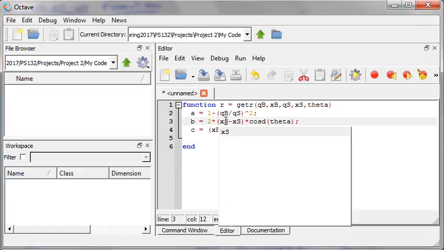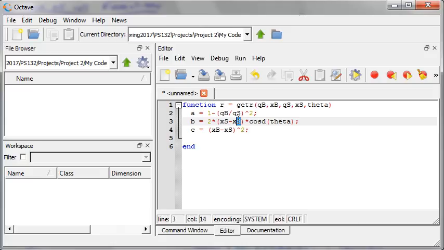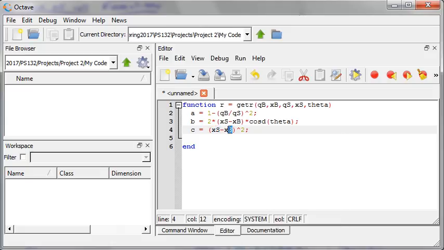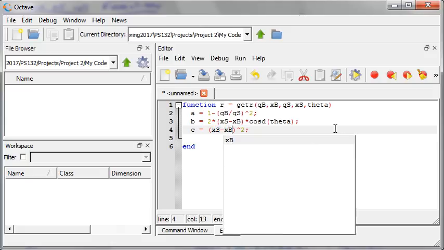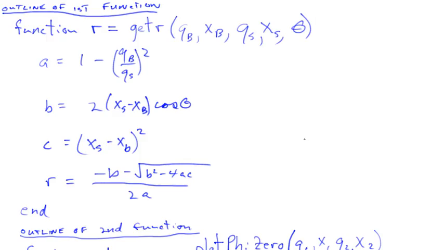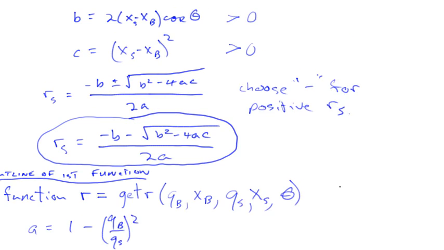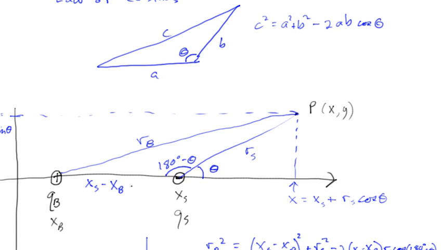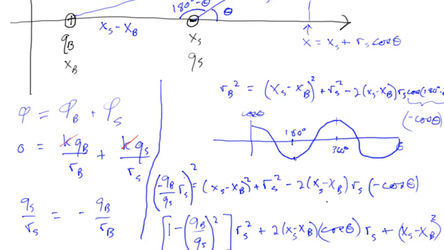XS minus XB. That's important there. Here it's not important because it gets squared, so it wouldn't matter. But in the picture I was working with, the arrangement that I had, it was XS minus XB. I had XS, the smaller charge, to the right. Let's make sure. Yeah, XS is to the right. So XS minus XB is going to be a positive value.